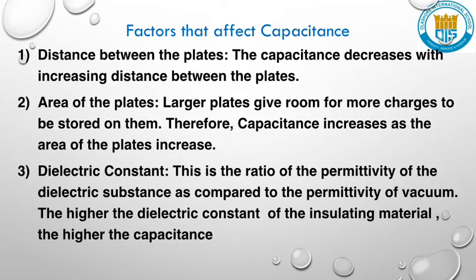Meaning that if you make the distance between the plates longer, you have essentially decreased the capacitance. So the distance between the plates and the capacitance of a capacitor have an inverse relationship. If one goes up, the other comes down.